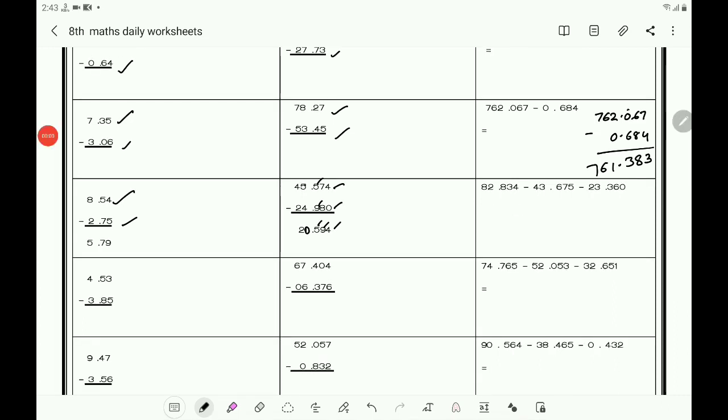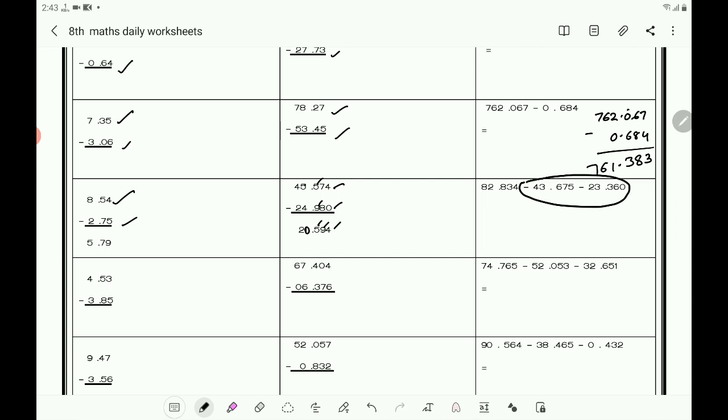Next you take 82.834 minus 43.675 minus 23.360, and here find the sum of these two.